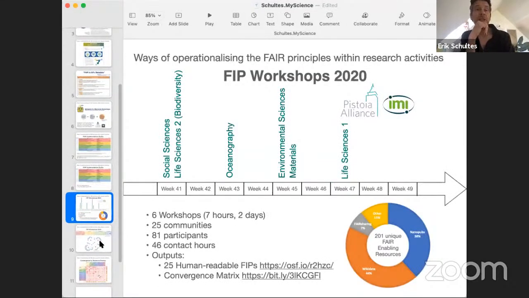And then just a couple more slides. I wanted to mention that late last year, we had a number of workshops where we worked with 25 different communities to create their FAIR implementation profiles using these tools. Pistoia Alliance and Yann Mahé was among those in the week 47 group.